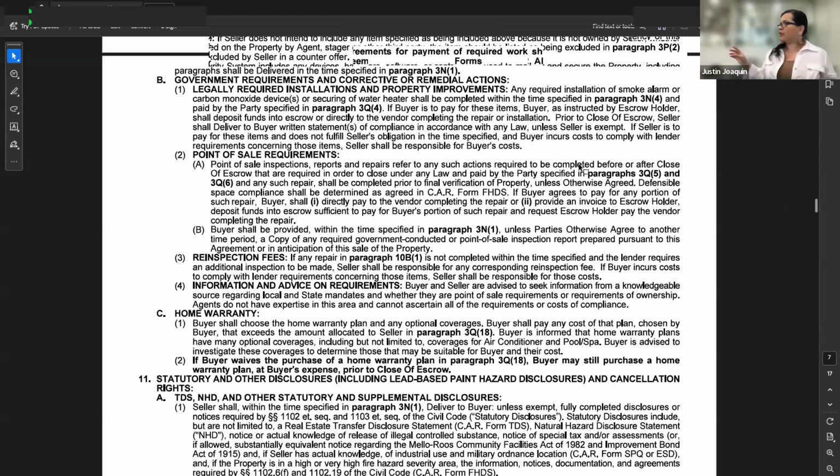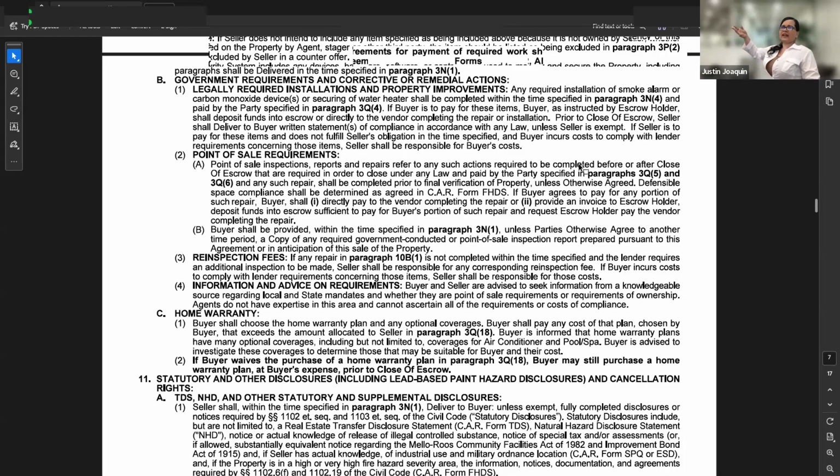10B, remember those retrofit government point of sale? That's what this is elaborating on. Super important to understand the difference between 1 and 2. 1 is legally required installations and property improvements, and 2 is point of sale. What's the difference? B1 is specific to smoke alarms, carbon monoxide devices, and securing of the water heater.